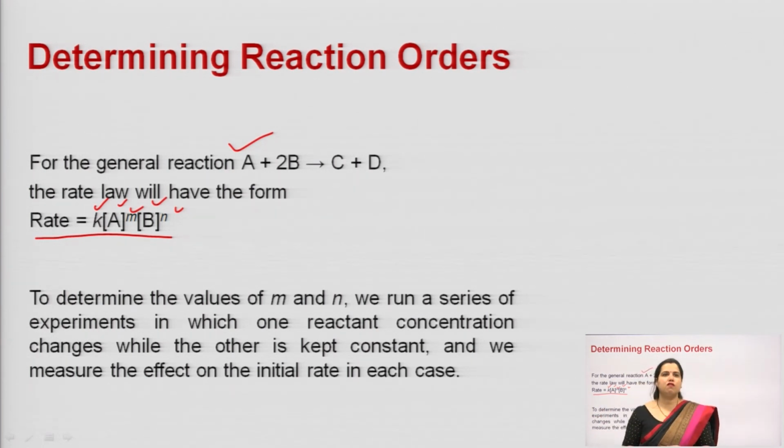To determine the values of m and n, we run a series of experiments in which one reactant concentration changes while the other is kept constant, and we measure the effect on initial rate in each case.